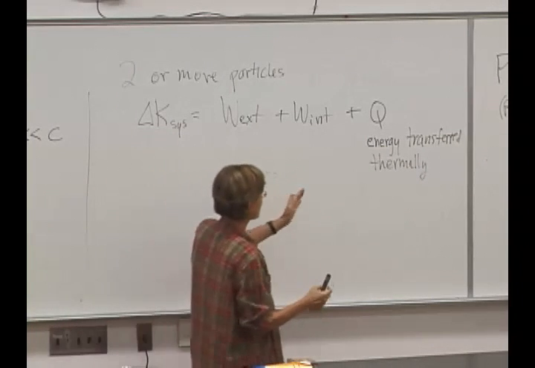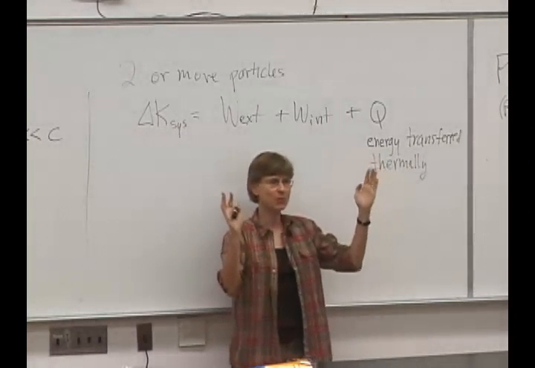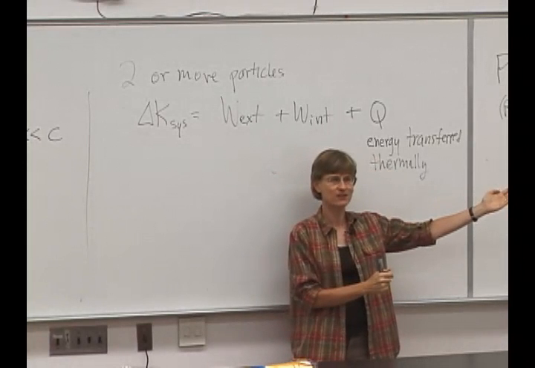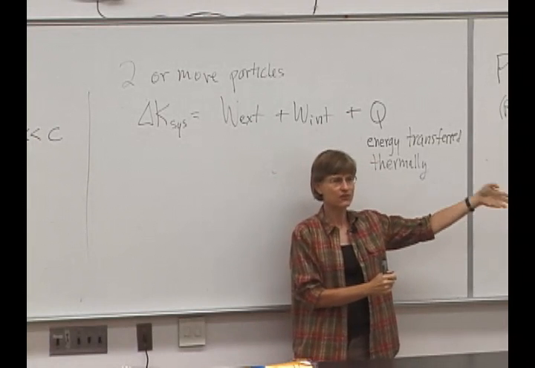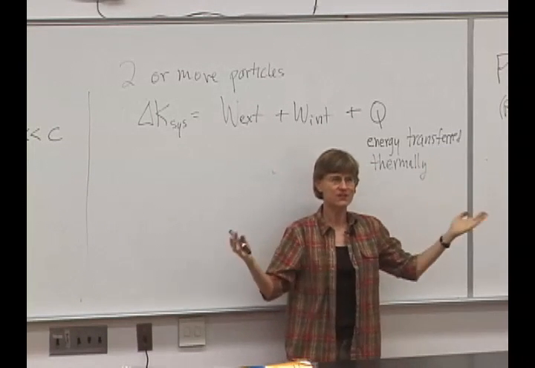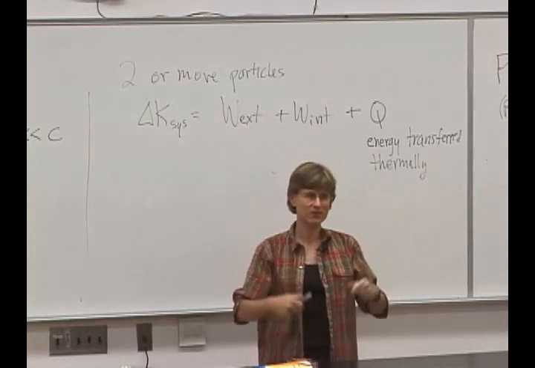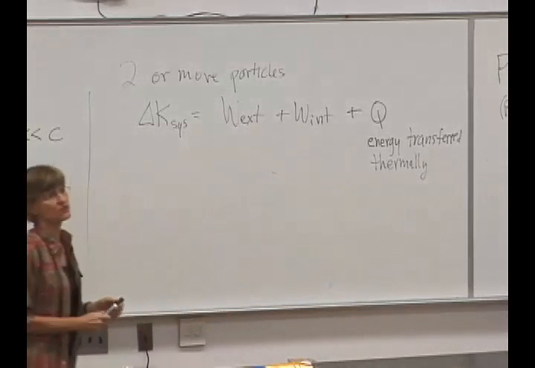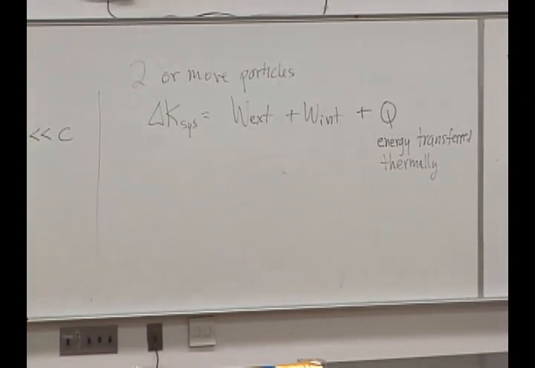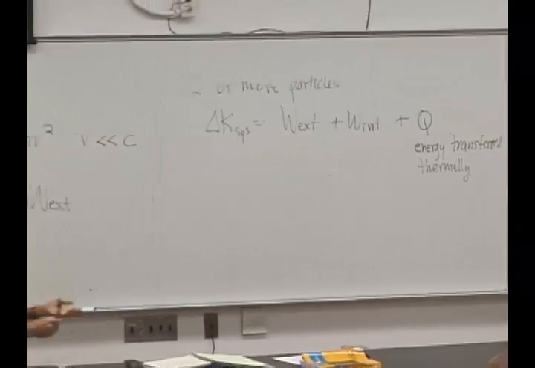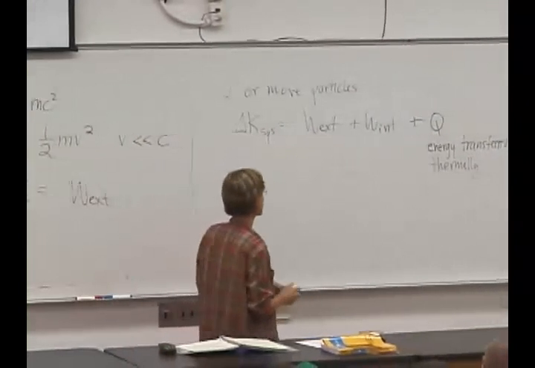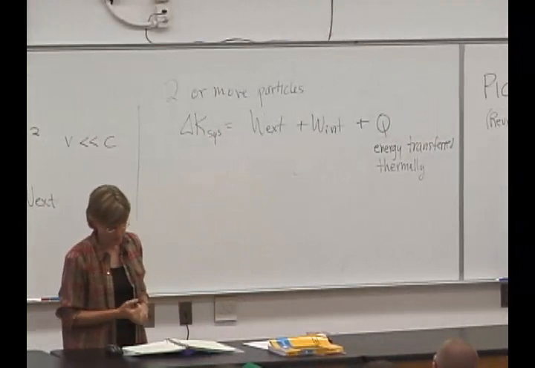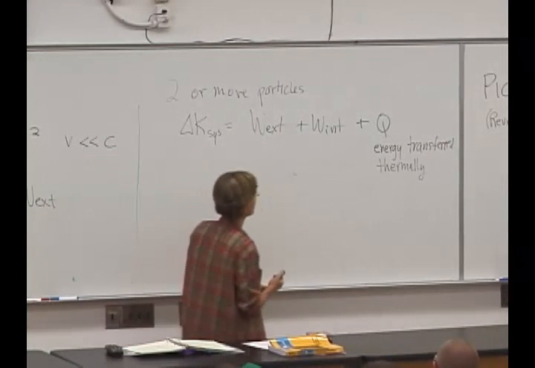So if your system includes some metal plates, and your metal plates are touching a really hot object, then energy flows from the hot object into the metal plates. That's a thermal transfer of energy, and the plates get hot. So that's a possibility too. Now, in most of the systems we're talking about, things happen quickly and they're kind of isolated. So in general, that's not going to be a big deal for us. But we put it in to be complete at the moment. So this is due to a temperature difference.